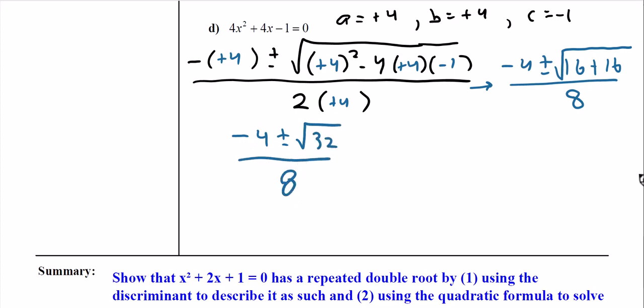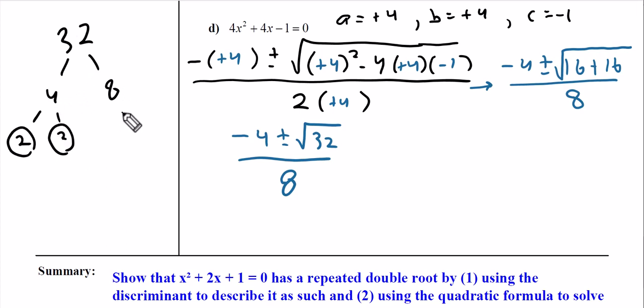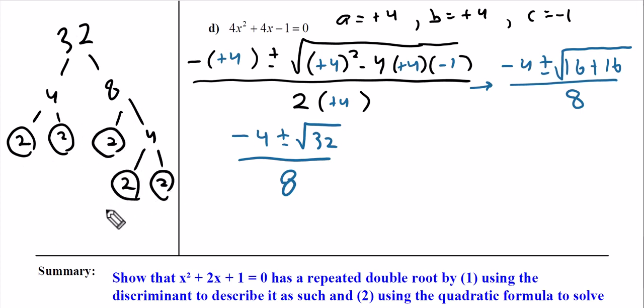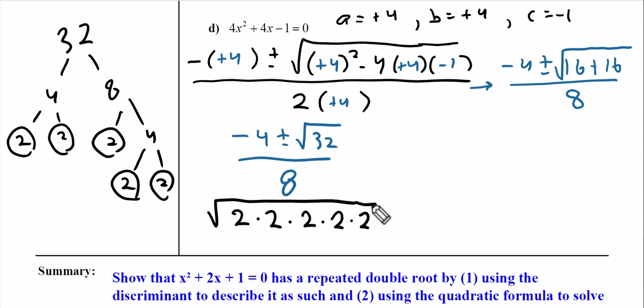There is no perfect square for 32, but it is not prime, right? 4 times 8 is 32. 4 is 2 and 2. I circle my prime numbers. This is a good habit. 4 is 2 times 2. So what I'm saying is that 32 is 2 times 2 times 2 times 2 times 2, and we're looking for pairs.